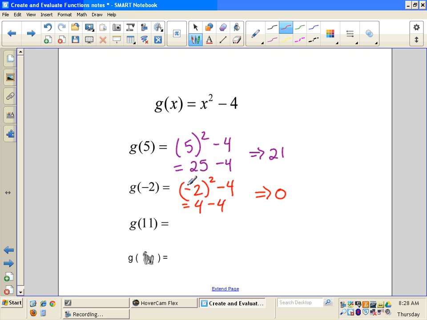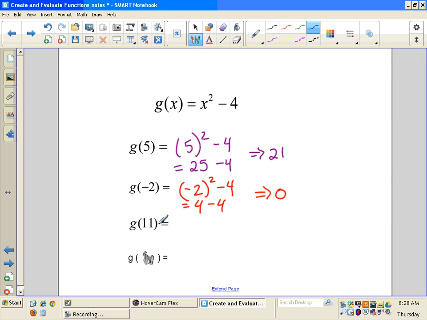The reason I recommended doing this in parentheses is because if you don't, oftentimes if you tried to do that on your calculator, it would square the 2 but not the negative part. And so it would look like the answer is negative 4. But we know that we need to square the whole value, and the whole value in this case is negative 2. So negative 2 times negative 2, which is what squaring means, is a positive 4.